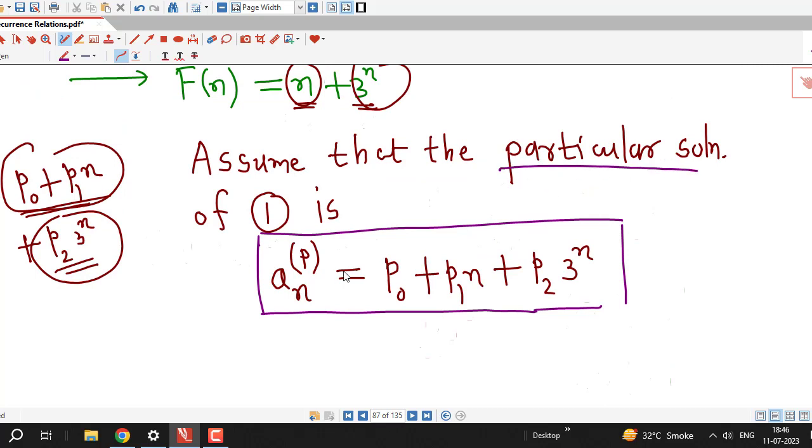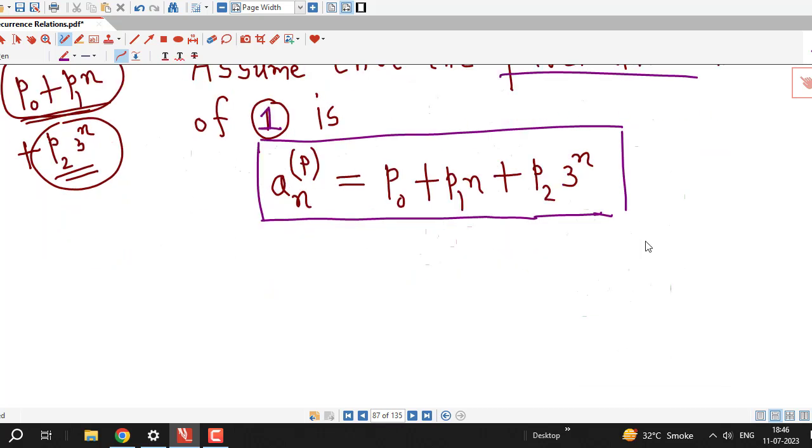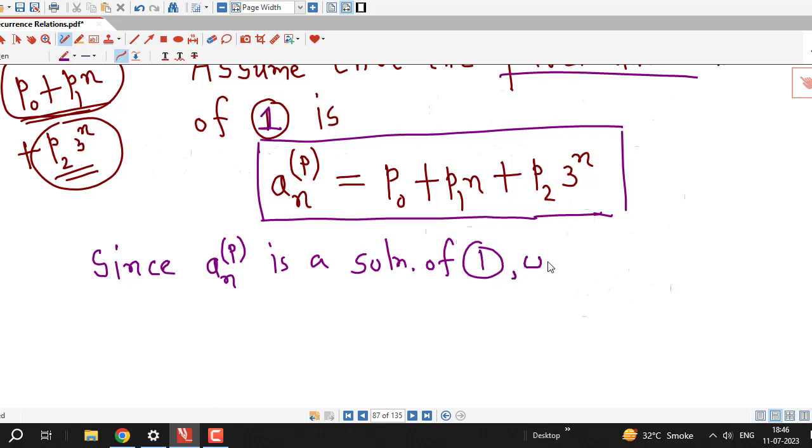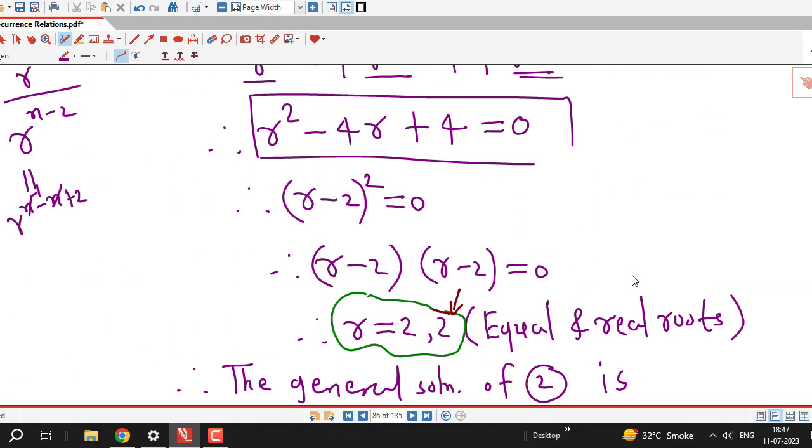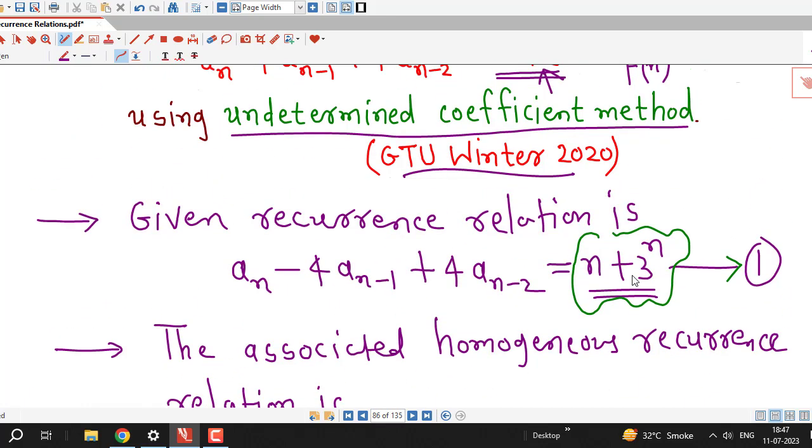We assume that this a_n^p is a solution of the given non-homogeneous recurrence relation, therefore it must satisfy the given non-homogeneous recurrence relation. So we can write that since a_n^p is a solution of equation number 1, which is the given recurrence relation, we substitute a_n^p in place of a_n.